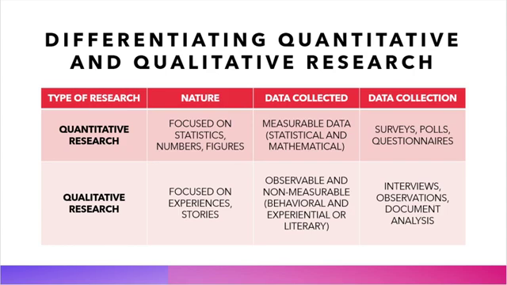So quantitative research is focused on statistics, numbers, figures, numerical data. And that is precisely the type of data that you wish to collect, measurable data, ones that you can statistically and mathematically compute. And we do that by giving the respondents surveys, polls, or questionnaires that they have to check or rate and answer in the form of measurable data. Usually, it's a Likert scale, on a scale of 1 to 5 or on a scale of 1 to 10.